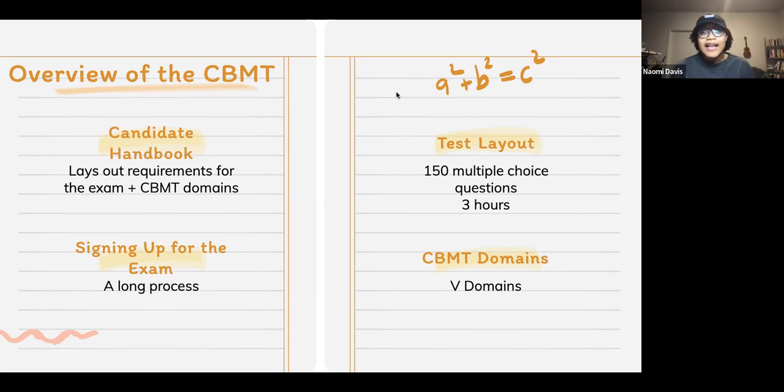Okay, and so the last little piece of this logistical information is the CBMT domains. The CBMT domains are the things that make up all of the questions, essentially.